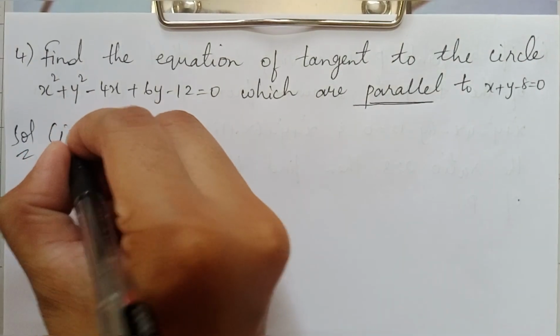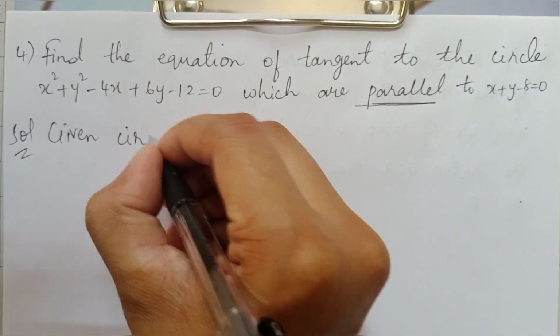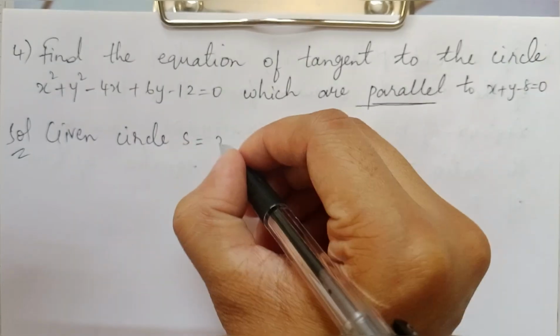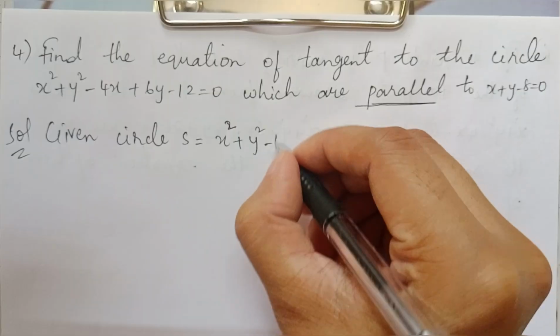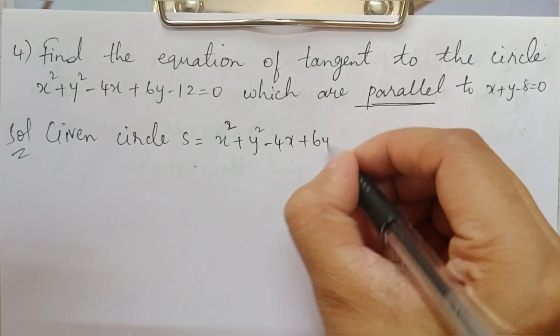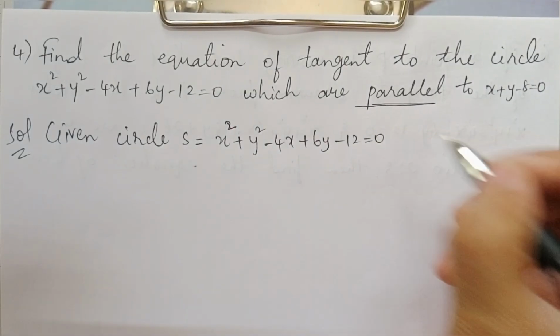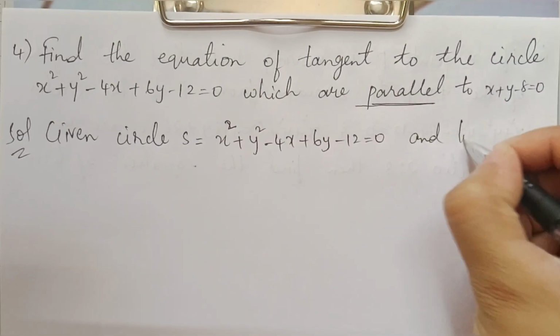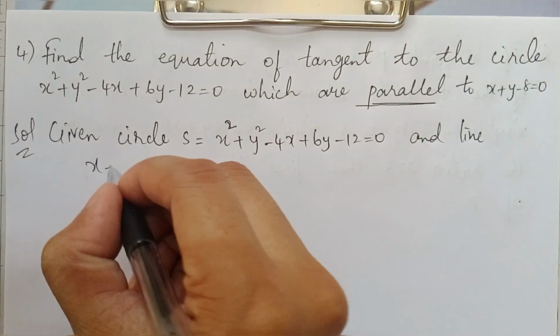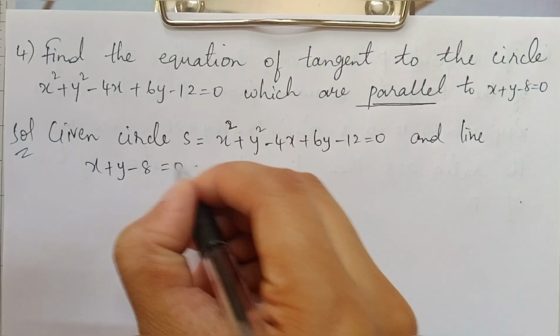So the given circle S is x square plus y square minus 4x plus 6y minus 12 equals 0, and the line is x plus y minus 8 equals 0.